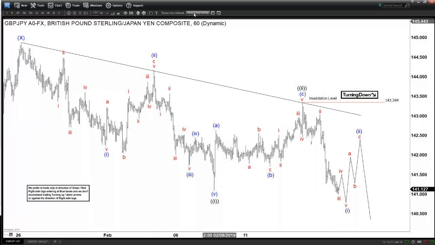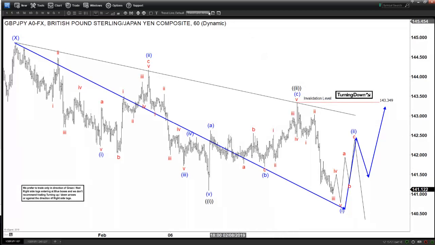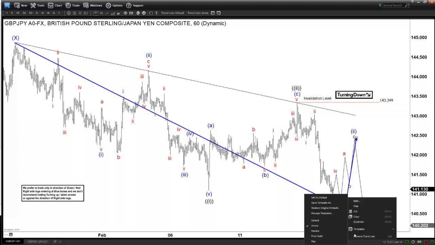In that kind of scenario, we will be ending this cycle as a 5 waves diagonal, and then we will get a bigger 3 swing bounce, not just to correct this 5 waves down, but to correct this entire decline, instead of correcting this cycle before the next leg to the downside.